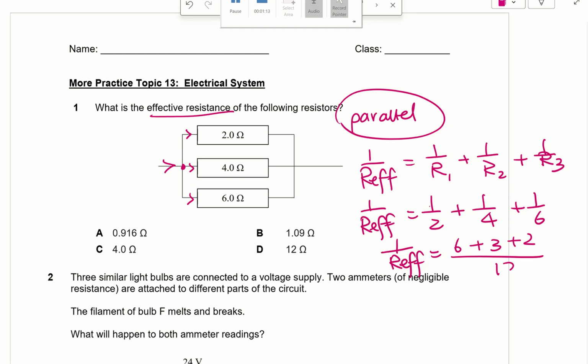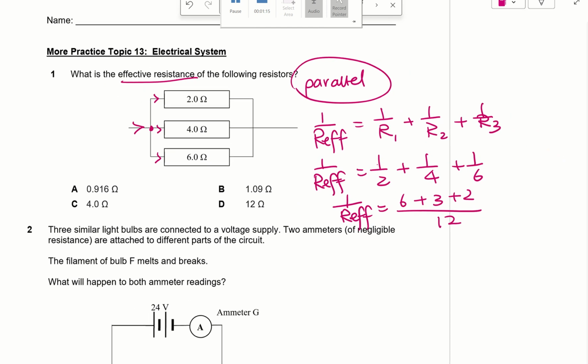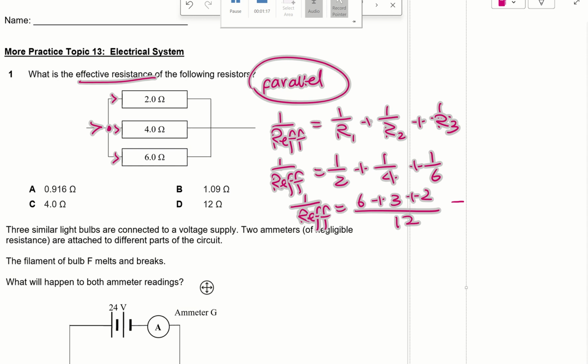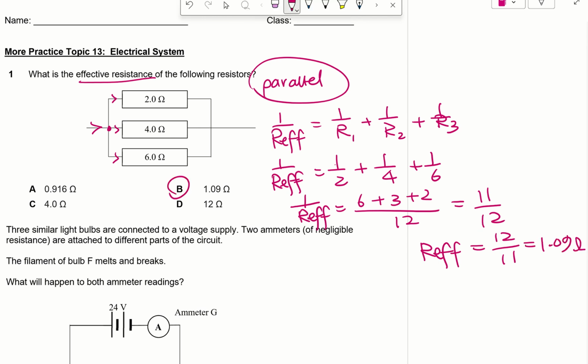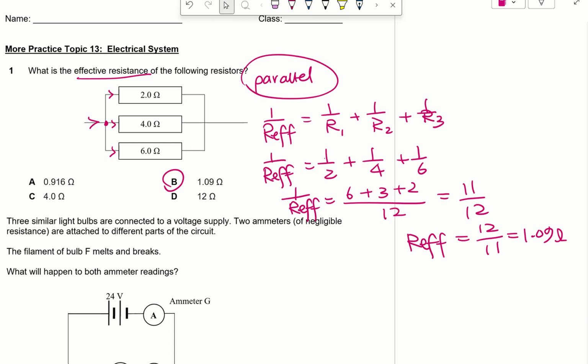Okay, so really please have your calculator. Therefore, it will be equal to 11 over 12. Now I'm looking for R effective and not 1 over R effective, so I flip both sides. 12 over 11, I'll get something like 1.09. So the answer will be B.